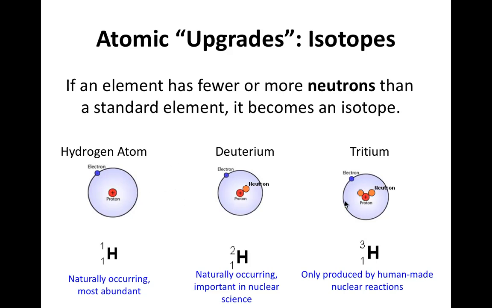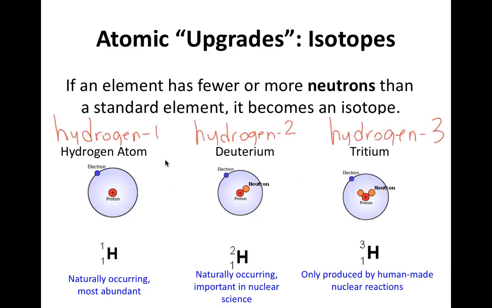One of the famous couple of isotopes are for hydrogen. For hydrogen that only has one nucleon, hydrogen 1, this is naturally occurring, most abundant. This is one proton and one electron. It's the only element in the periodic table that has 0 neutrons.